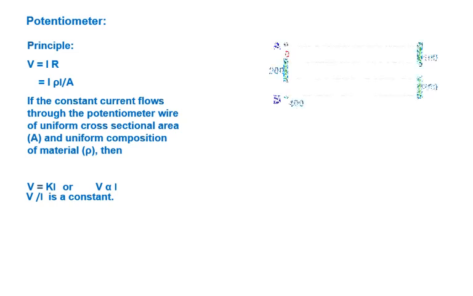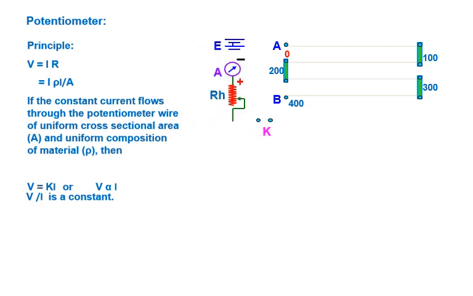Construction: as shown in the diagram, a potentiometer consists of a long wire AB of uniform cross-section, usually 4 to 10 meter long, of material having high resistivity and low temperature coefficient such as constantan or manganin.